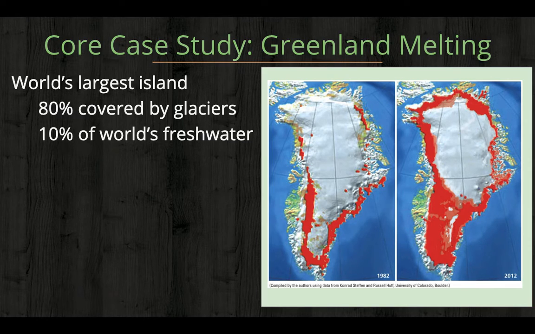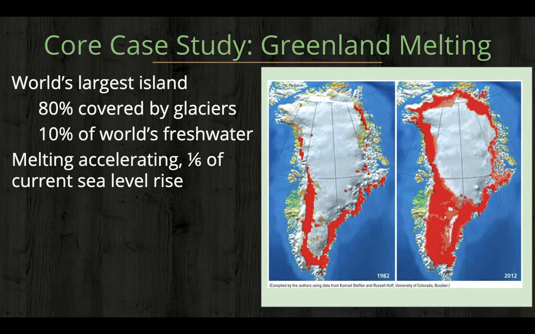However, as you can see in the picture on the right, it's been melting over many years, and the melting is actually getting faster over time. Most of the sea level rise is due to the heating of water, because water, like most things, expands when you heat it up. But a sixth of the current rise is actually just due to Greenland on its own melting. And as we'll talk about later, this is a positive feedback loop as well.